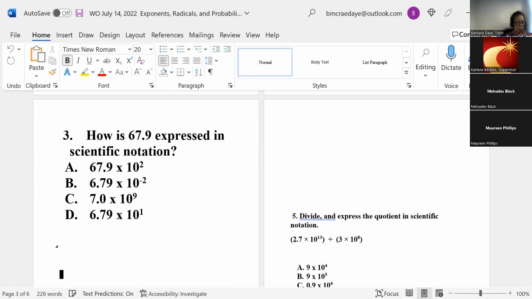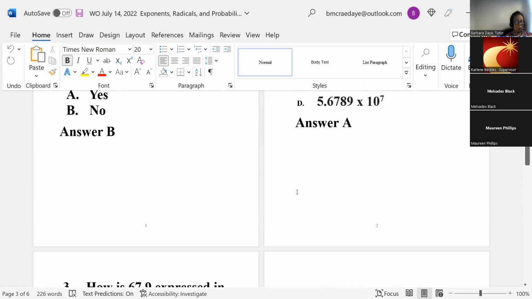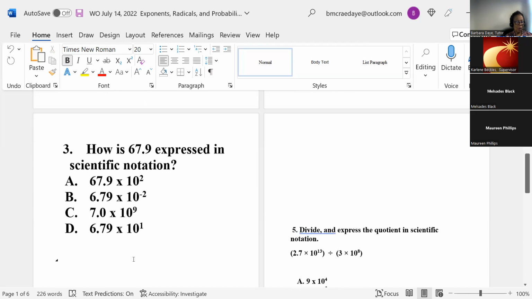It says how is 67.9 expressed in scientific notation. I look carefully at how they are set out, and you cannot say 67.9, because that's not between 1 and 10.